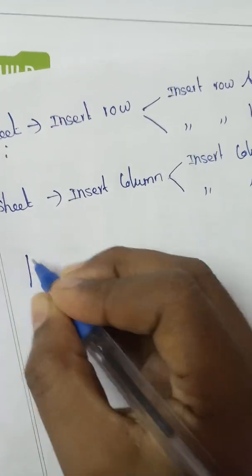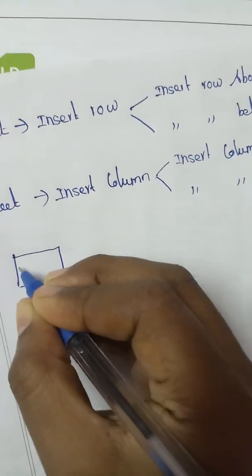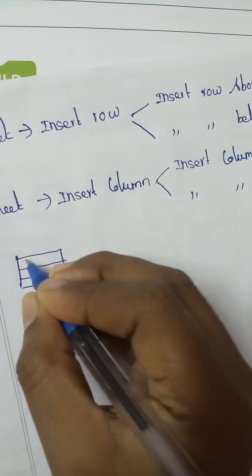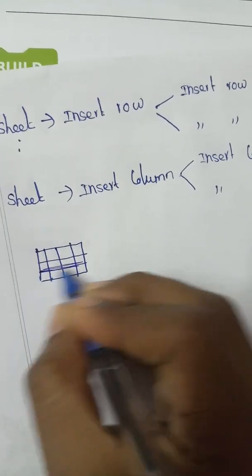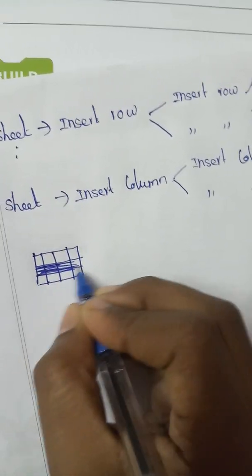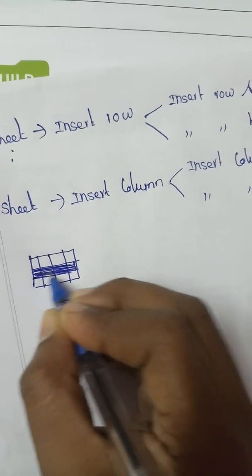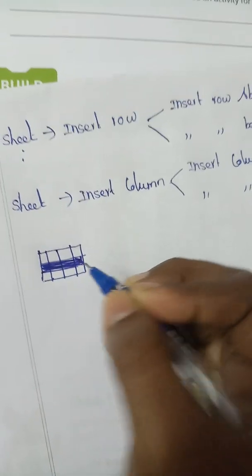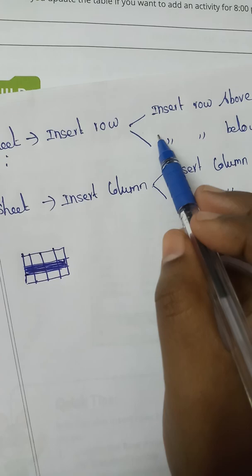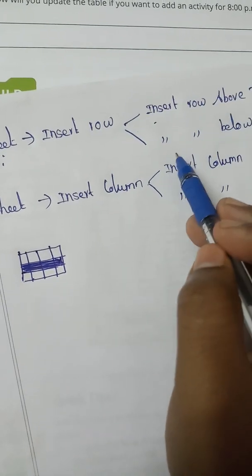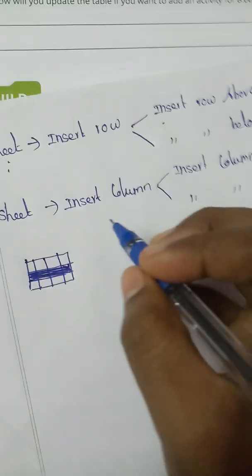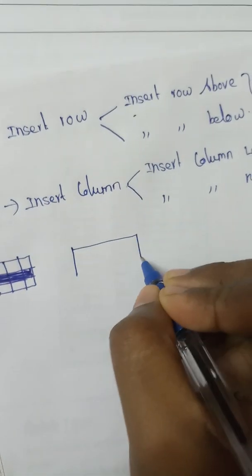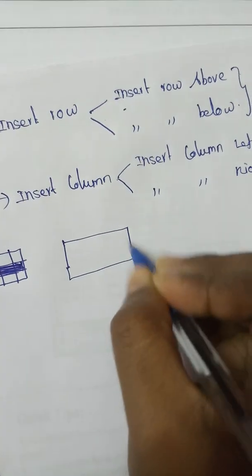And then you have another two options. This is the icon for inserting a new row. Once you click this icon, there will be two options, the same: Insert Row Above or Insert Row Below. You can choose any one of them. And then Insert Column.